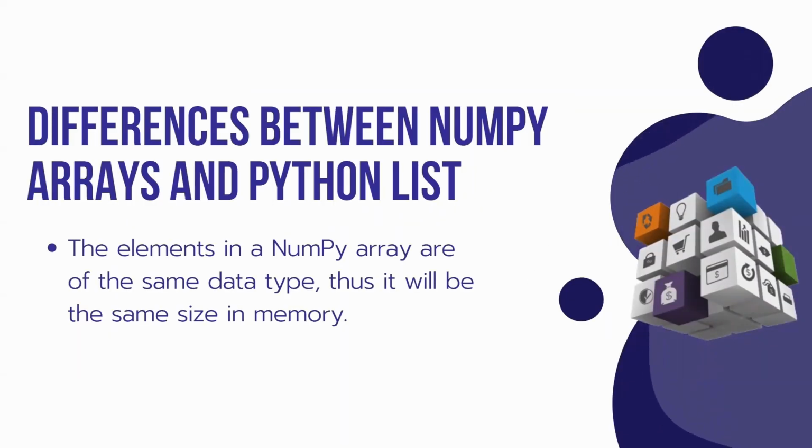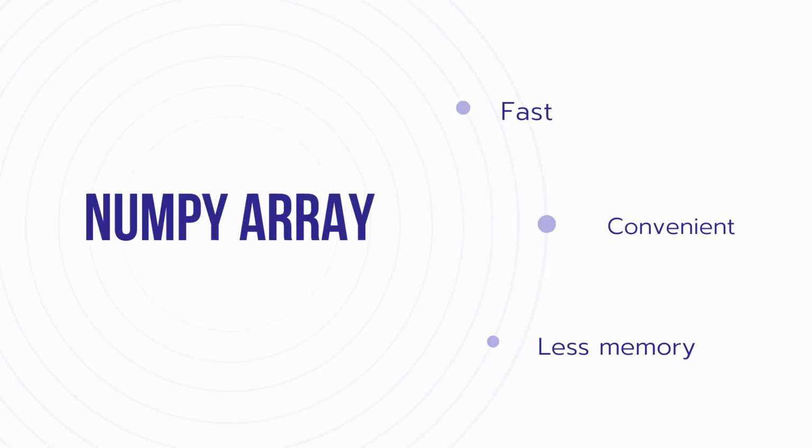The elements in a NumPy array are of the same data type, so they take the same size in memory for all elements of the array. One question which may pop up in your mind: why do we use NumPy if we already have Python list? The answer is that it is faster and more compact than a Python list. The array consumes less memory and it's convenient to use.